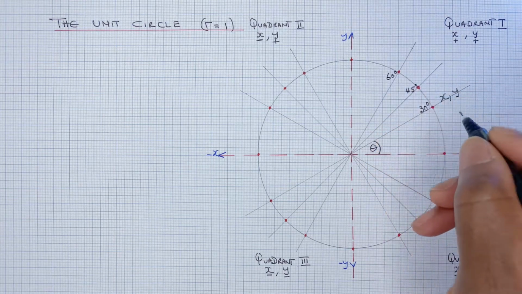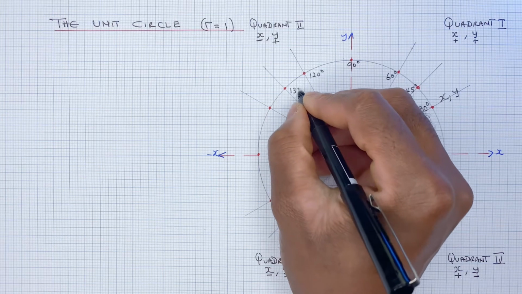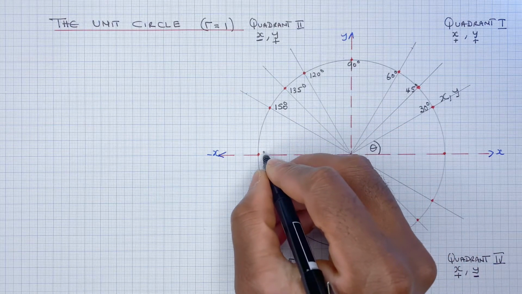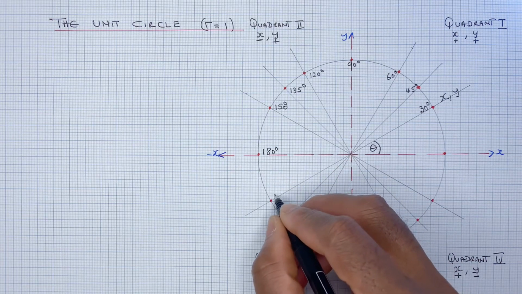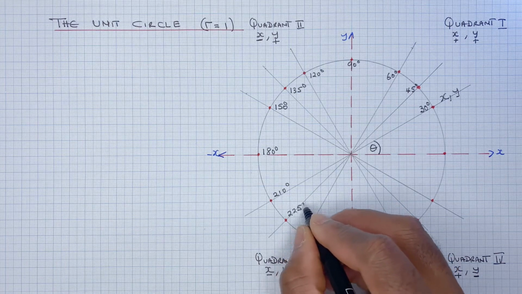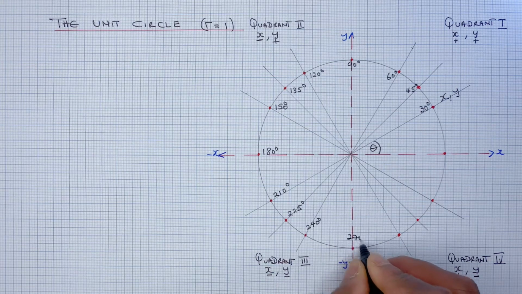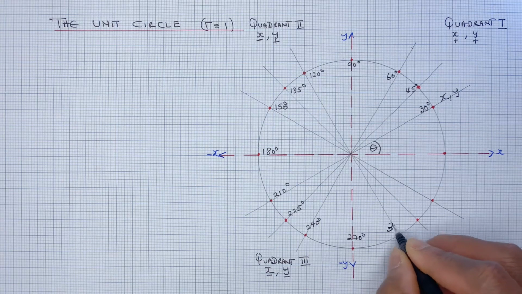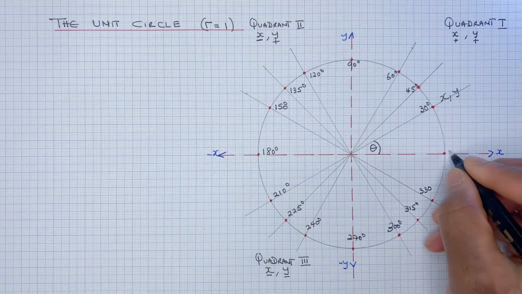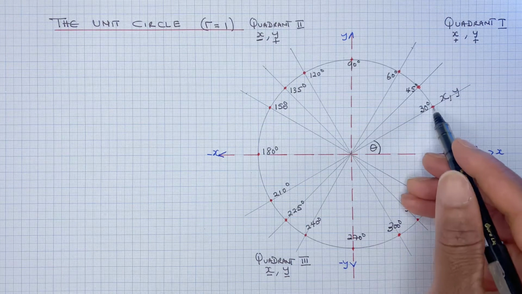That is 60 degrees. 90, 120, 135, 150, 180 degrees, 210 degrees, 225 degrees, 240 degrees, 270 degrees, 300 degrees, 315 degrees, 330 degrees, 0, and 360 degrees. So we start with 0 to 30 to 45, 60.